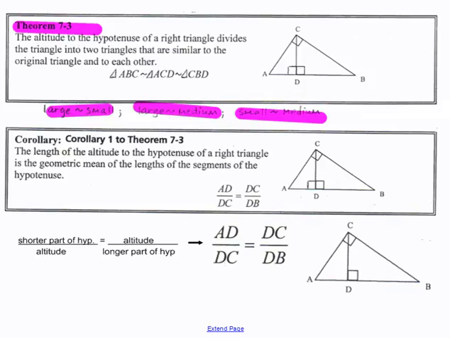Okay, so the altitude of this triangle will be a part of this proportion. It's this right here. And those proportions will be the short leg, the short part of the hypotenuse, and the long leg.